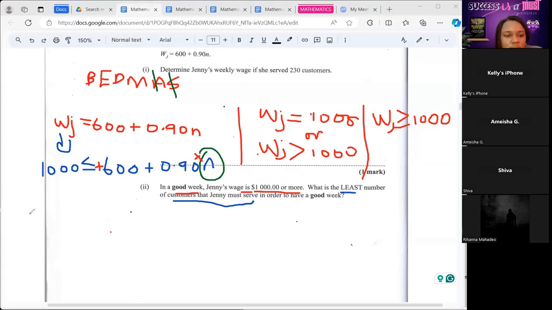It's only positive numbers, depending on where they are in the problem, where the positive sign is not always written. So in order to get rid of this 600, the correct thing to do is to subtract, do the opposite of the addition sign. And if you subtract the number on one side, you subtract the same number on the other side of the equation as well.